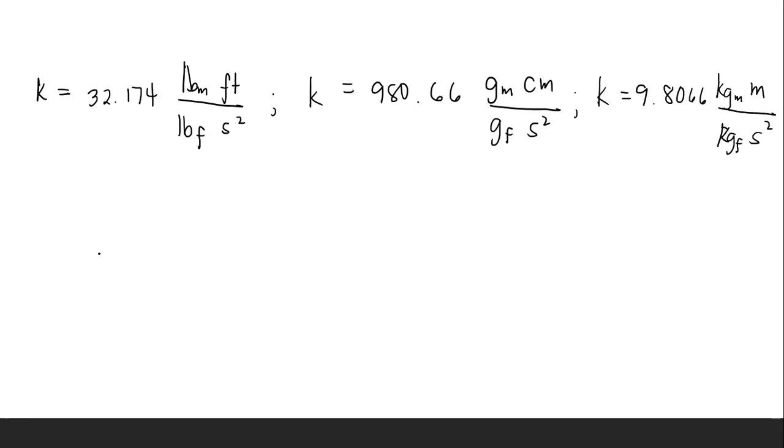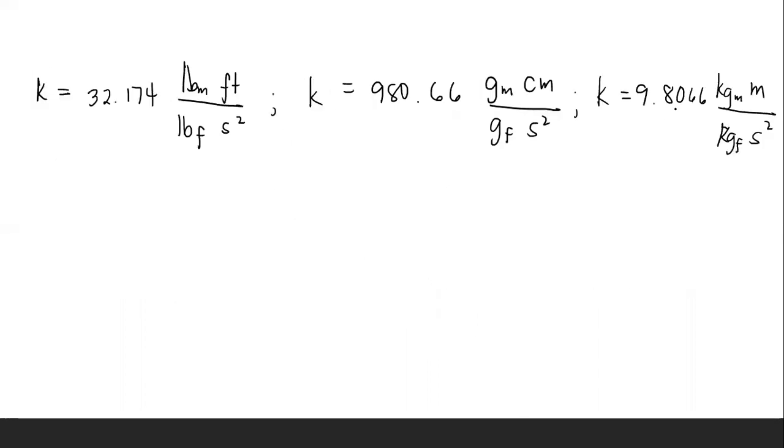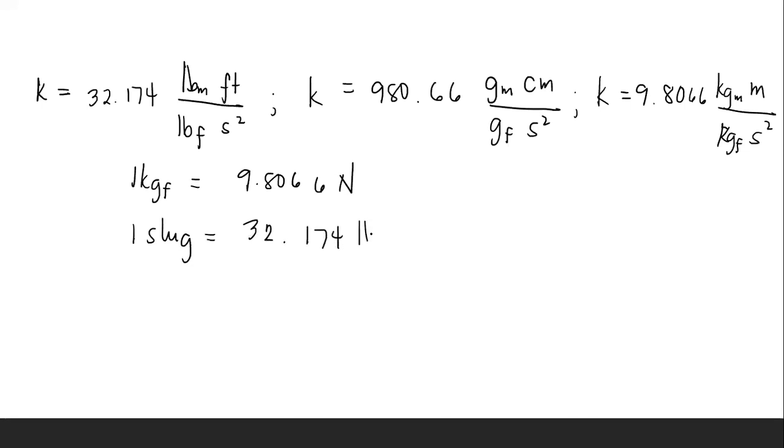Now, the relation between kilogram force and Newton. Earlier we have k is equal to 1 kilogram mass meter per Newton second squared, while k is equal to 9.8066 kilogram mass meter per kilogram force second squared, where 1 kilogram force is equal to 9.8066 newtons, while 1 slug is equal to 32.174 pound mass.